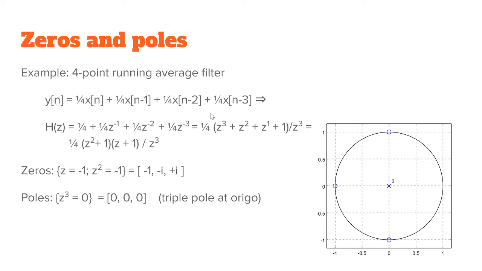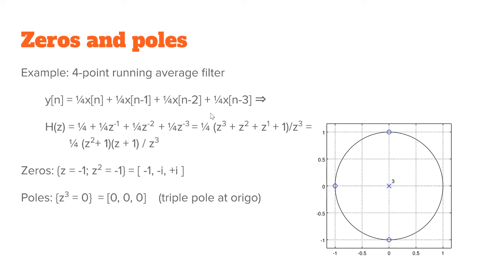Then you set z squared plus 1 equal to 0. You can say, okay, z squared equals minus 1. It means that it has the imaginary unit and minus the imaginary unit as the roots. Okay, poles. Quite simple. You set z to the power of 3 equal to 0.